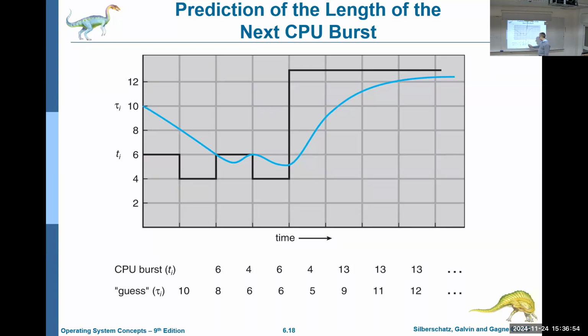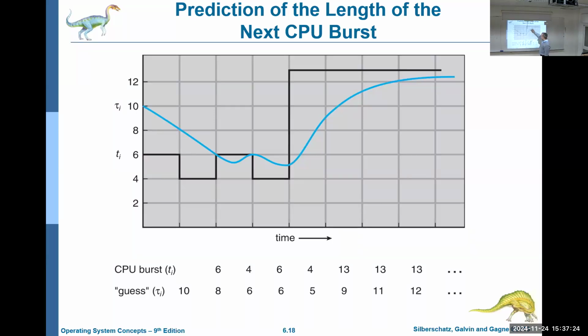That's our next prediction. But the reality was way up here, 13. This is the reality, the black line represents the reality. So now we take half of 13, which is 6.5, and half of 5, which is 2.5, and 6.5 and 2.5 is 9.